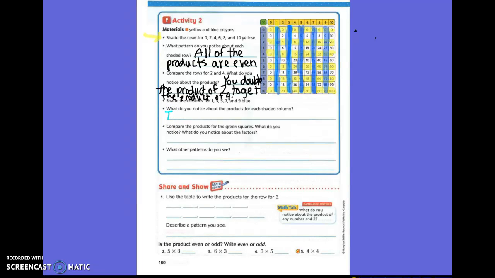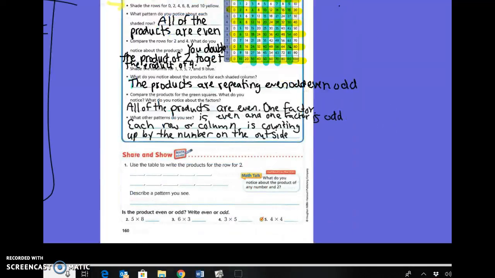The pattern goes, the products are repeating even, odd, even, odd. Okay, so the products are repeating even, odd, and we already said that.